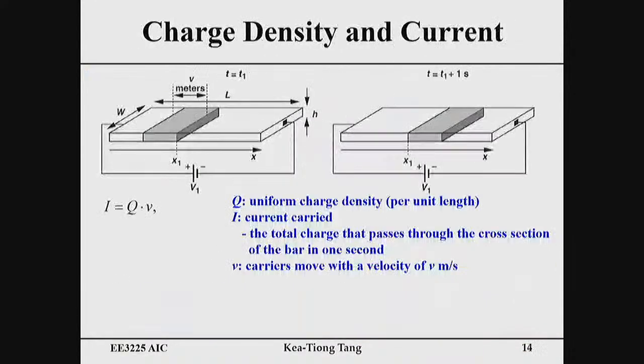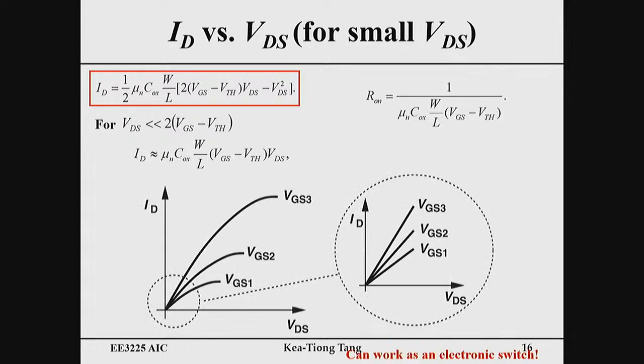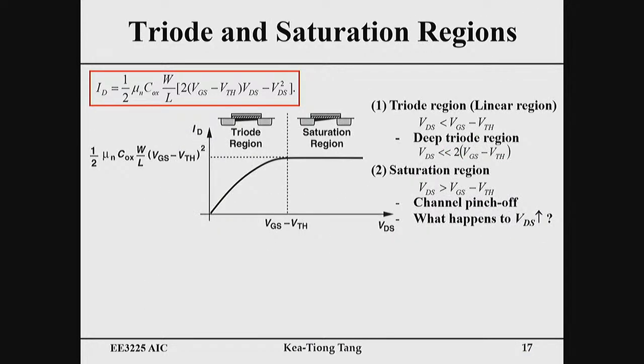But at this point, we know that when VDS equals VGS minus VTH, we get to the pinch off point. And after pinch off, the transistor will just flow a constant current.